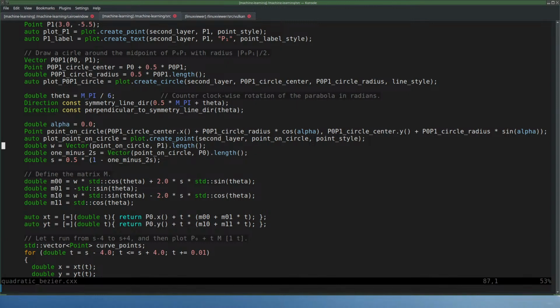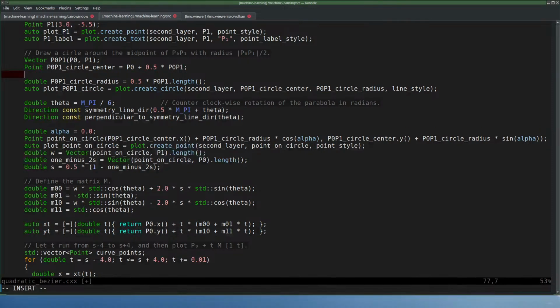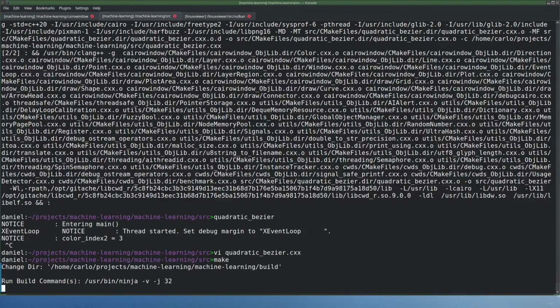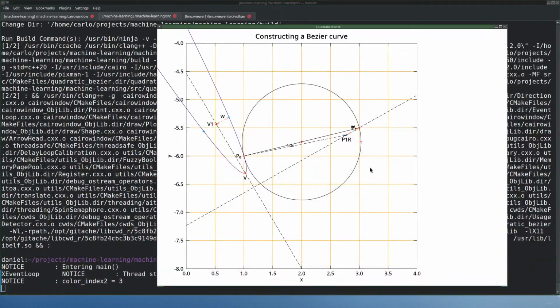Where's my center point? Yeah, so that's the center point, and then we go horizontal, and then we get here a point, and my W is supposed to be the distance from P1 to that point.